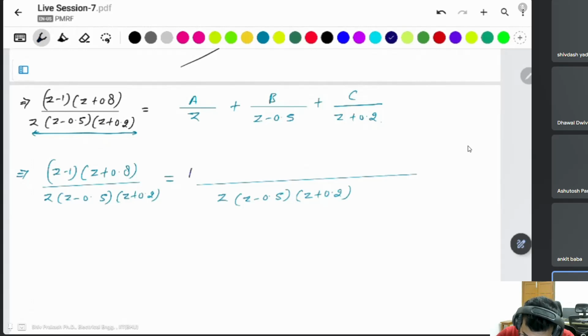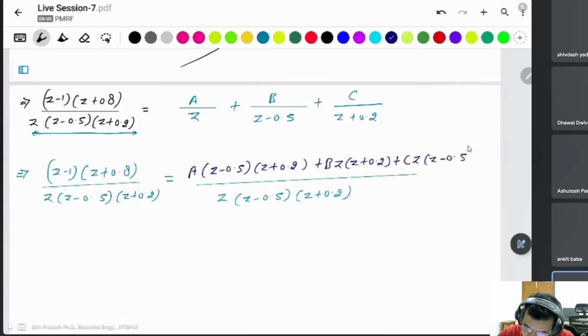Here it is A, remaining these two: (z minus 0.5)(z plus 0.2), plus B, remaining these two: Bz(z plus 0.2), plus C, remaining these two: Cz(z minus 0.5). The denominator will be cancelled out.